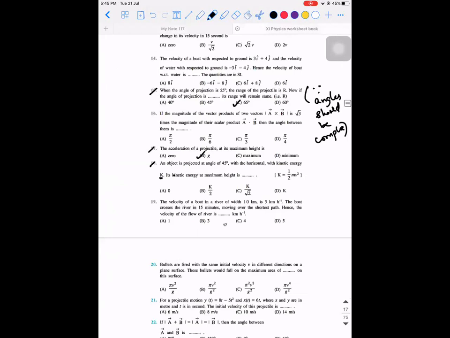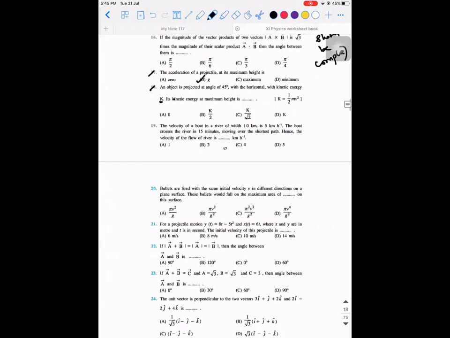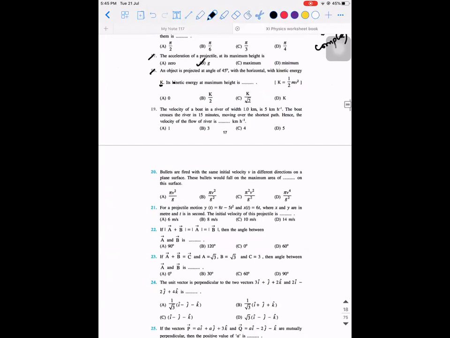Okay. Next. The 20th one. Bullets are fired with same initial velocity v in different directions on a plane surface. These bullets will fall on the maximum area of how much value?